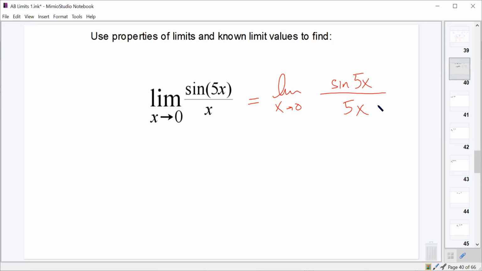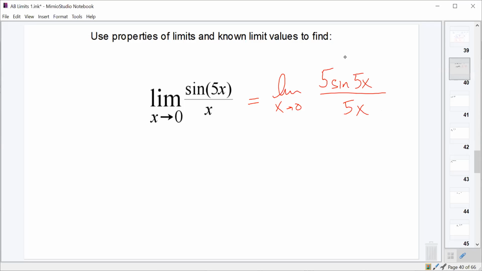Can I just put a 5 down there? You should all be shouting at me, no, you can't do that. You just multiplied it by a 5th and you didn't do anything else, right? No. Unless I also multiply the numerator by 5 as well. True? Yeah. Then it's okay.